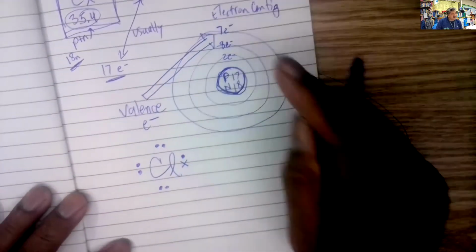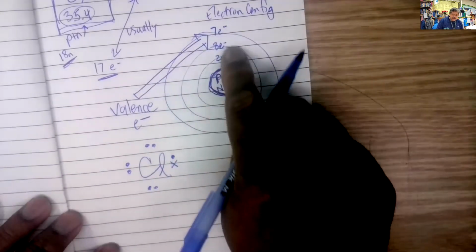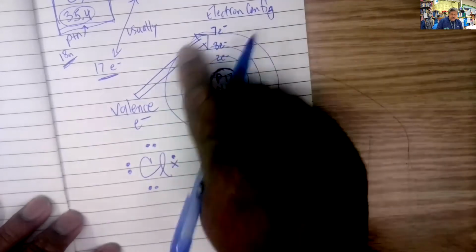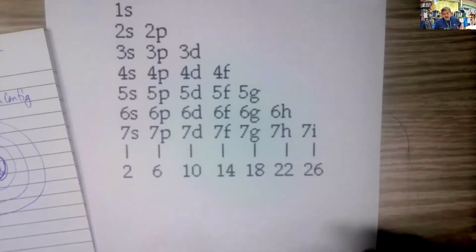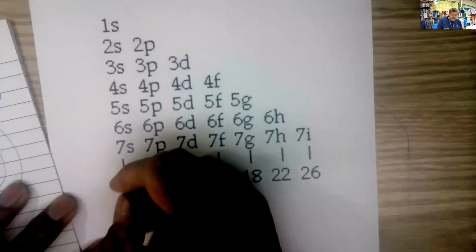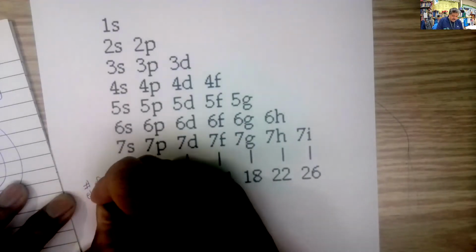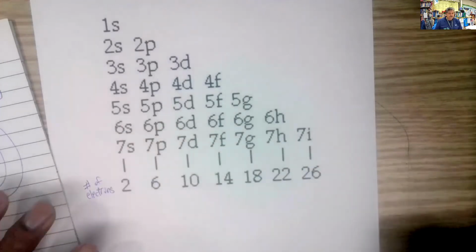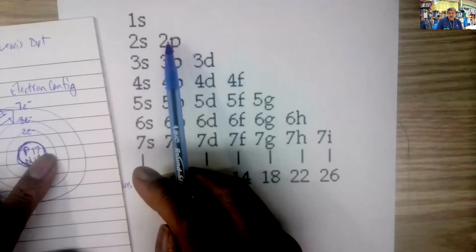The electron configuration model tells us that these energy levels aren't actually circles. They're shaped differently. That's where you get this diagram that I put on Canvas for you. Over here, this tells you the number of electrons in each of these. These numbers correspond to these energy levels.